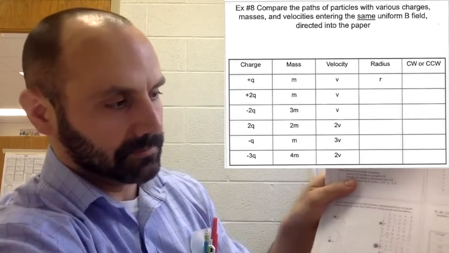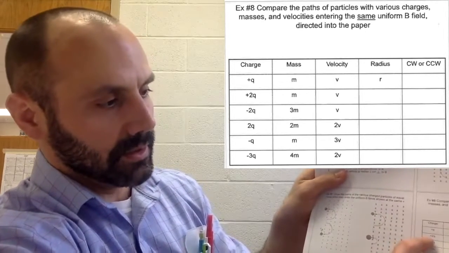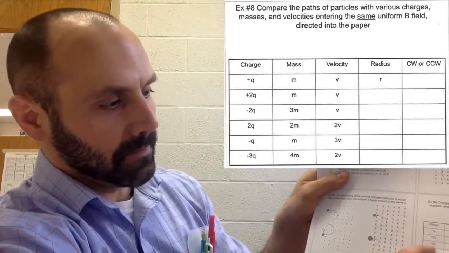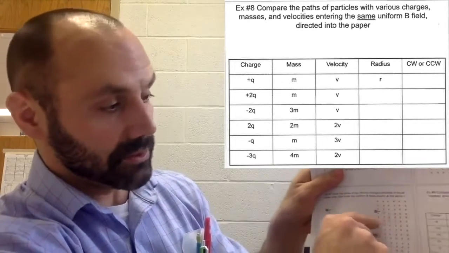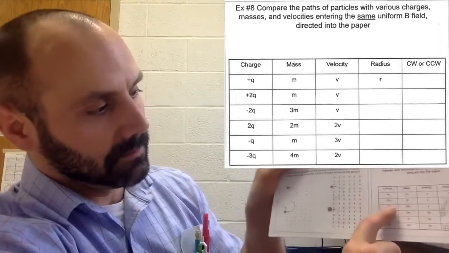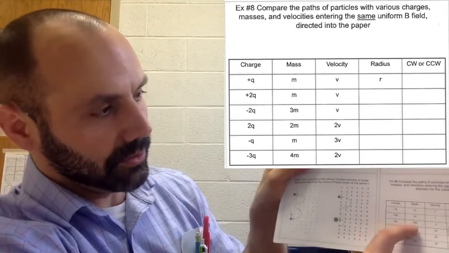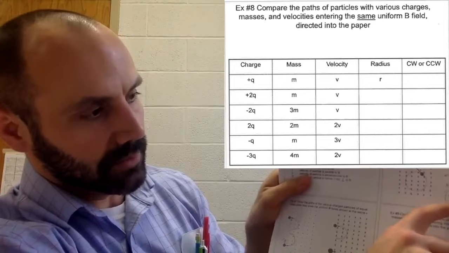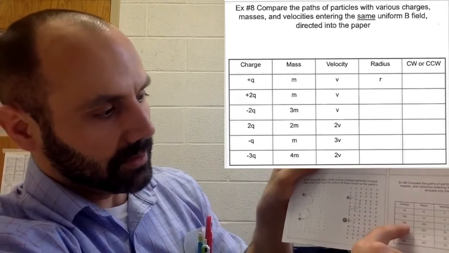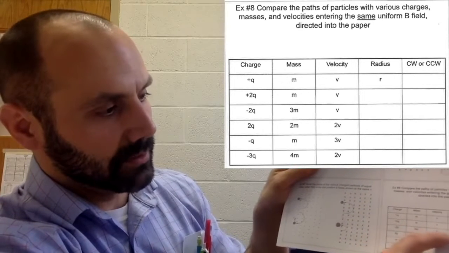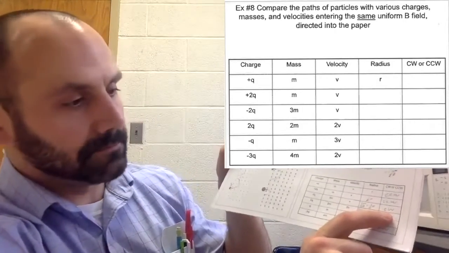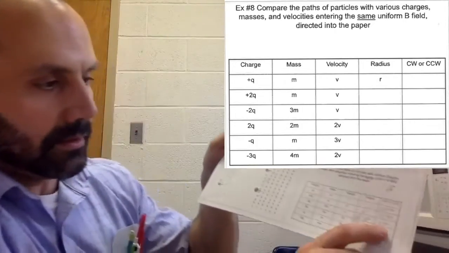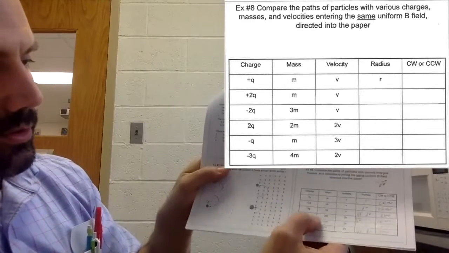Positive 2q, same direction counterclockwise, except that now the radius is cut in half. Now negative 2q, so this is going to produce the opposite direction, like this one, right? But it's 2q and 3m. The m is on top, q is on the bottom, so it's going to end up being 3 halves. 3 halves are clockwise. And then this next one, 2q, 2m.